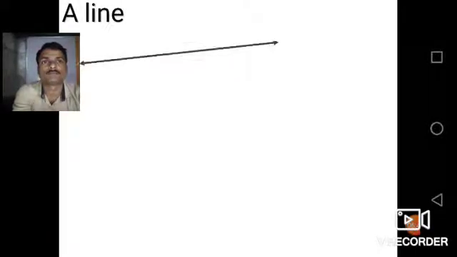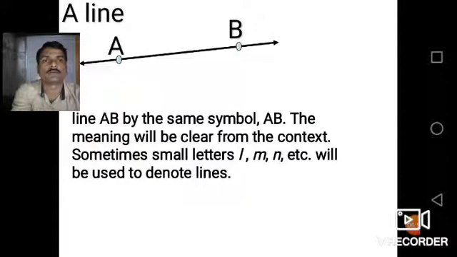A line is a set of many points. We denote a line AB by the same symbol AB.